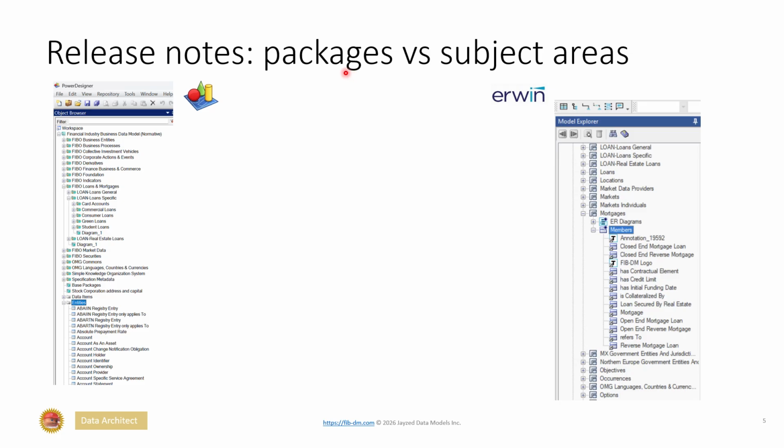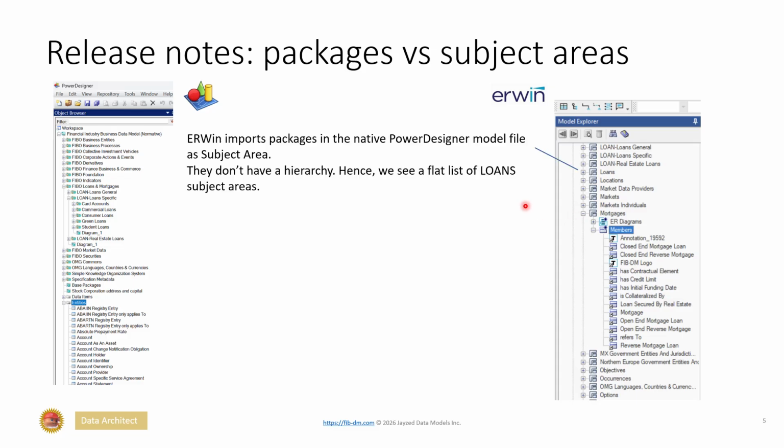Just a note about packages versus subject areas. On the left-hand side here, we see a PowerDesigner screenshot with the data model packages. And on the right-hand side, we see the model migrated to ERWin with the packages imported as ERWin subject areas.